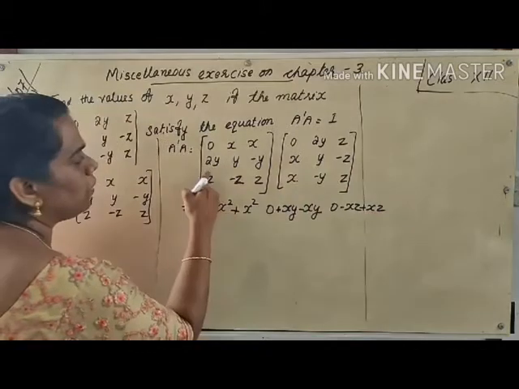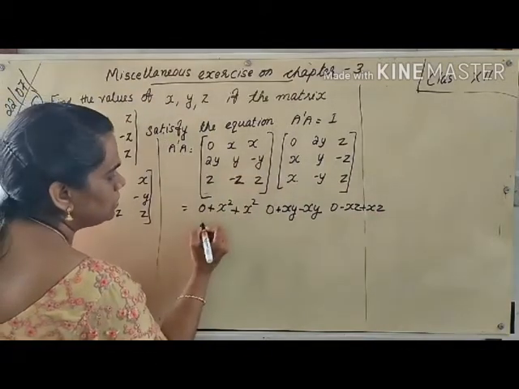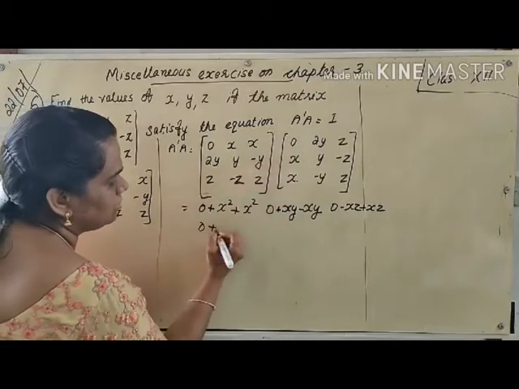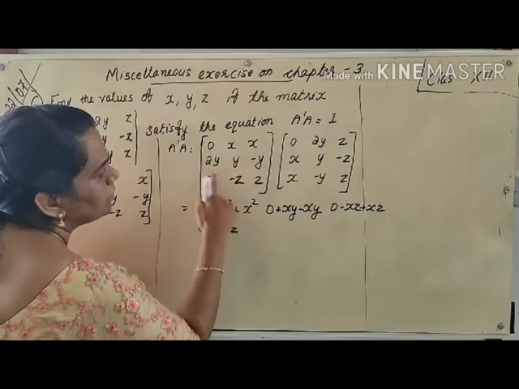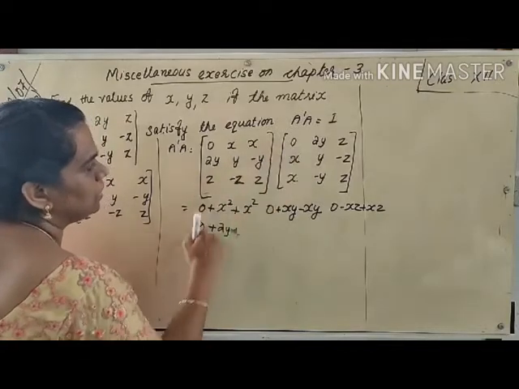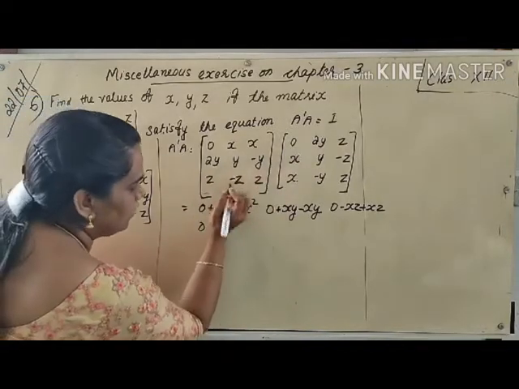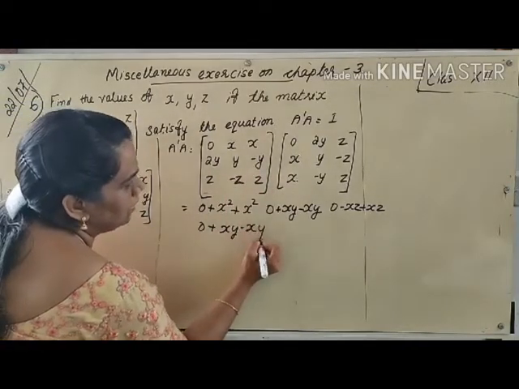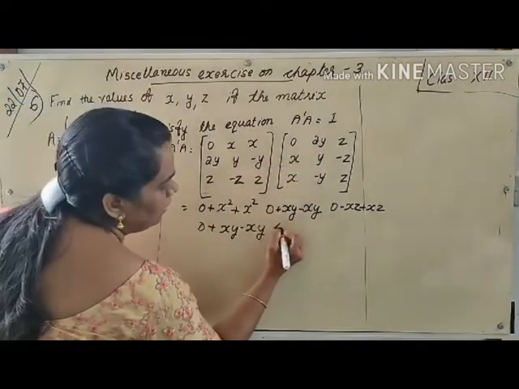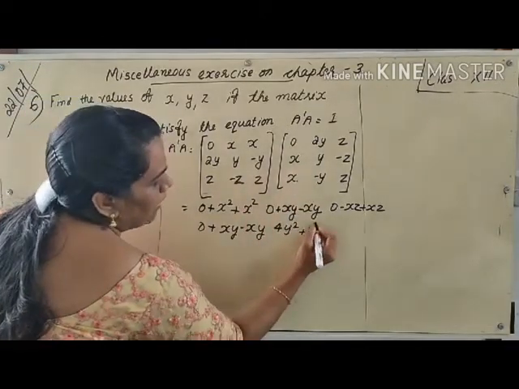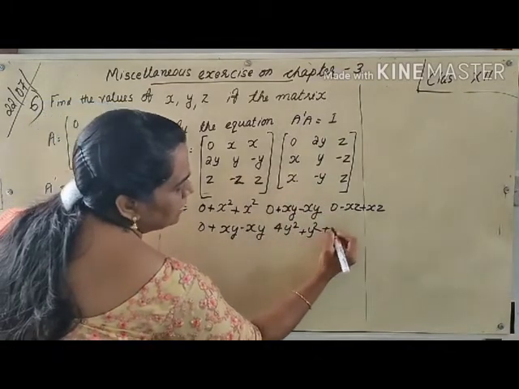The next row, 2y into 0, 0, then 2y into x, that is 2yx, and y into x, xy, y into minus x, minus xy. And next 2y into 2y, 4y square plus y square plus y square.